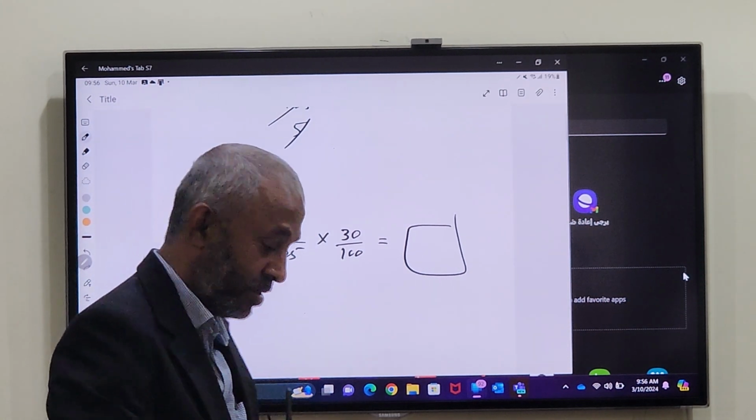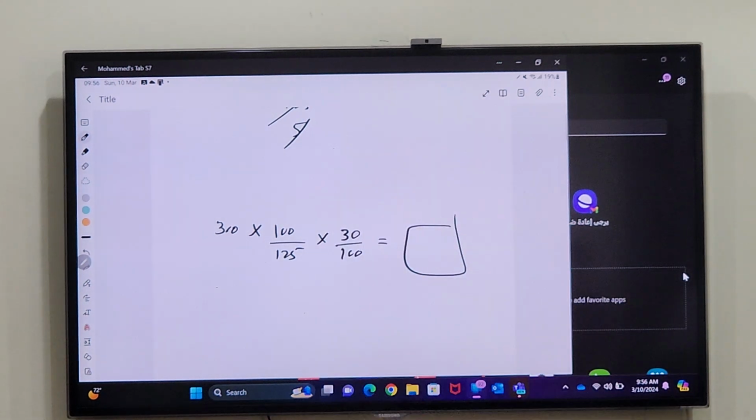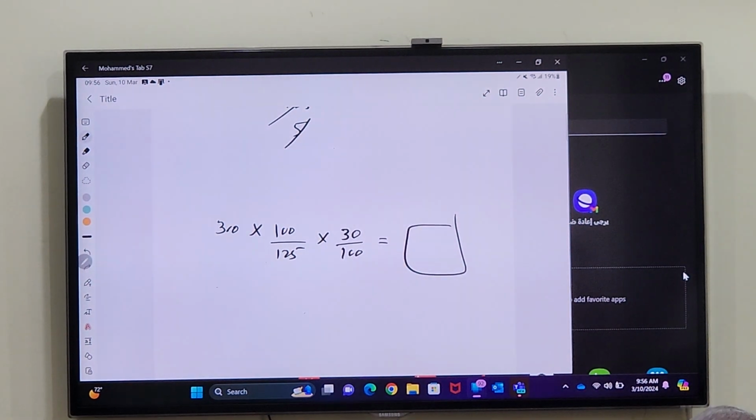What's the answer? Okay, so what is the answer? 100 into 300 into 100 over 125 into 30 over 100. And you should understand this block and this block. What is this?